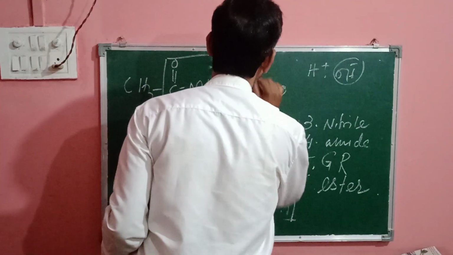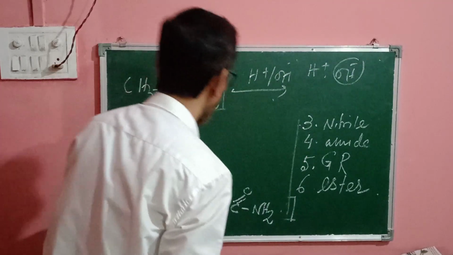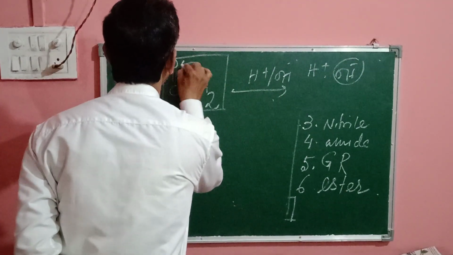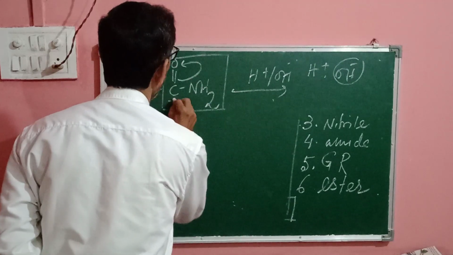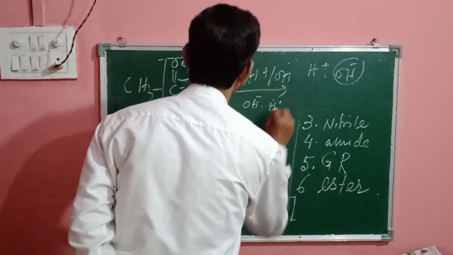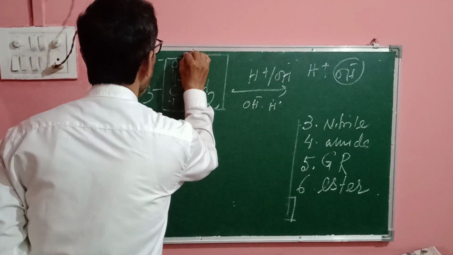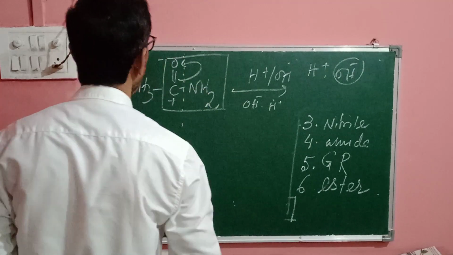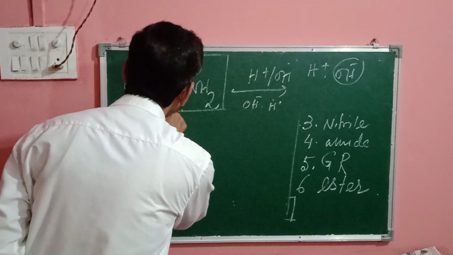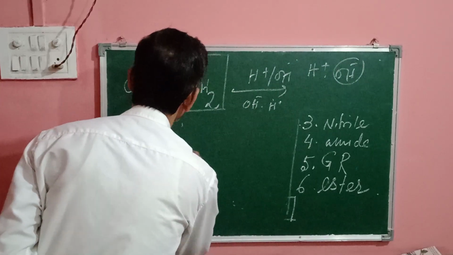That, on further acid hydrolysis, gives that part minus and that part plus. So you are getting OH minus and H plus. That is not mechanism, just break here and add the minus OH part to C. C is plus, so OH goes with it.